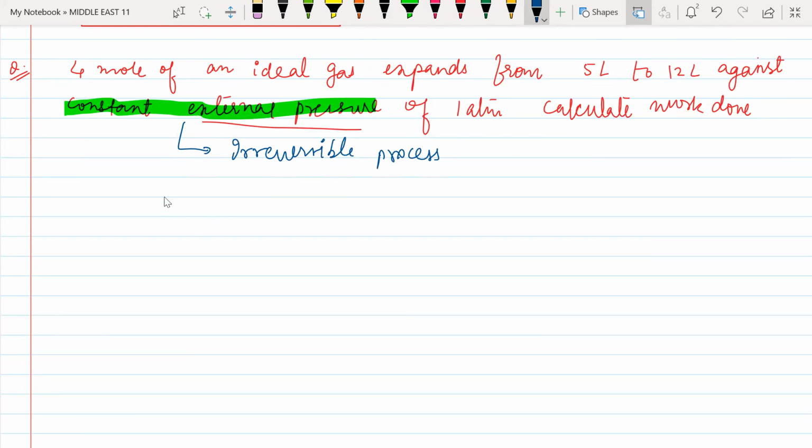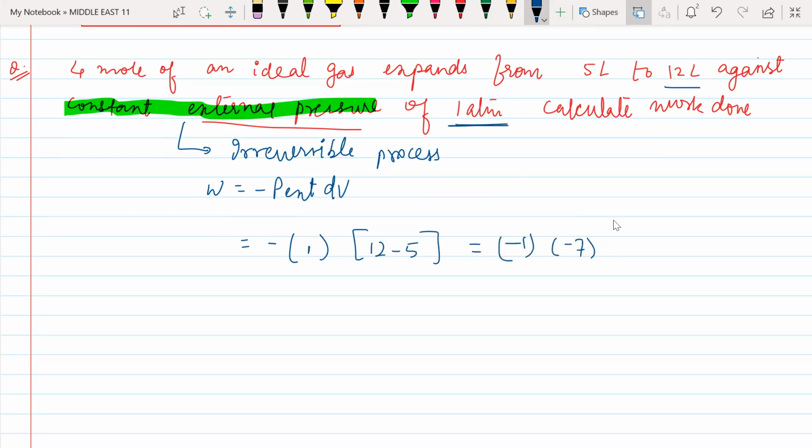And we have a formula for work done, that is minus P external dV. What is the P external? 1 atm. What is the volume V2? It is expanded to 12 liter minus 5. That will be equal to minus 1 into 7. That will be equal to minus 7 liter atm.